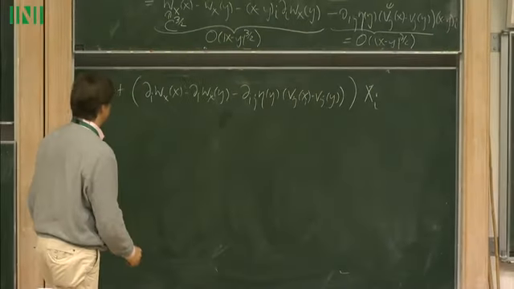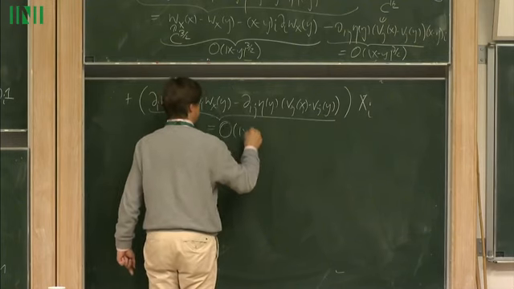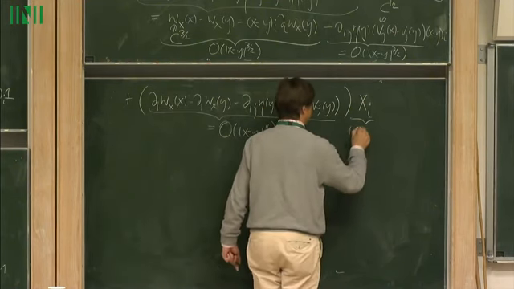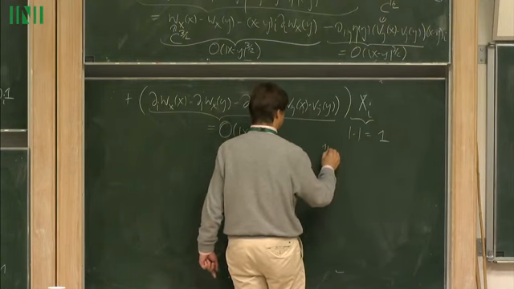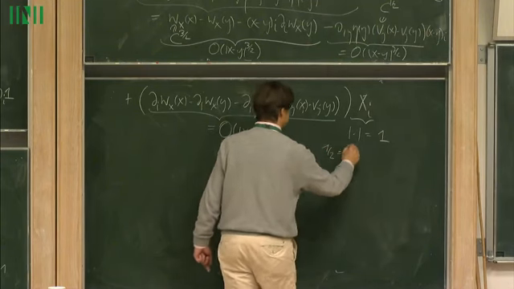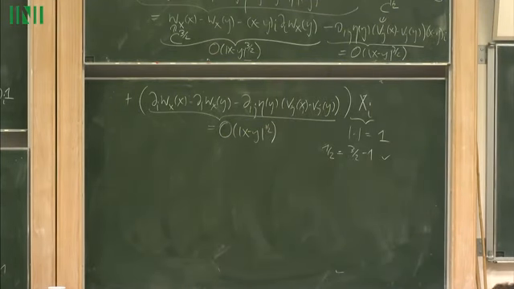And again, this here is, as it should be, of the order x minus y to the power 1/2. And this, the homogeneity is equal to 1. And 1/2 is indeed equal to 3/2 minus 1.